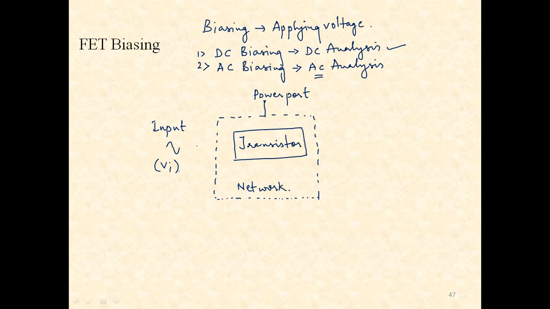This input signal will be fed to the network, and the transistor, which is normally used as an amplifier, will amplify the input signal and give us an amplified version as the output signal. Let us call Vo the output voltage.